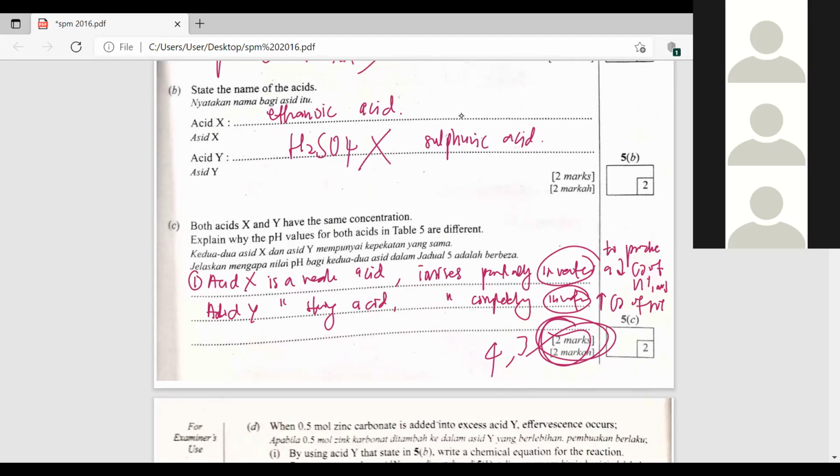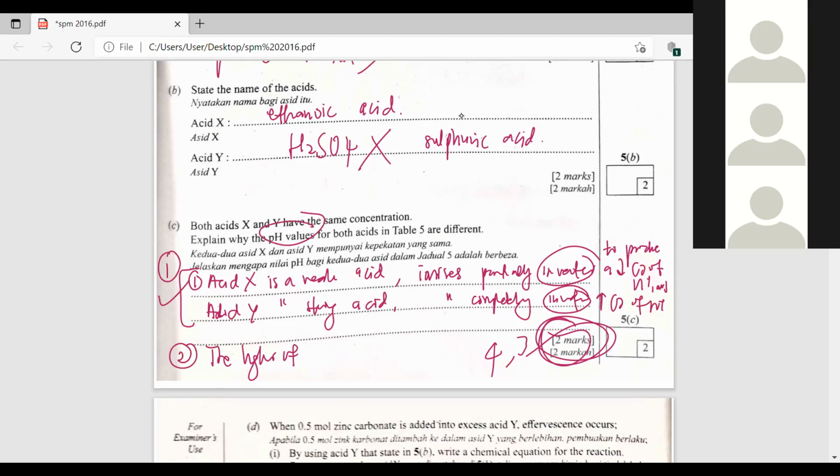If this comes out in essay, you would have already gotten 2 to 3 marks here. So teacher wants you to practice to answer complete answers. But this one alone, for this question, you only get 1 mark. Heman, your second mark was what you said just now. Heman, you want to continue? The concentration of hydrogen ions produced are different. Cannot. You must relate it to the pH. So is it the higher the concentration of hydrogen ions produced, the lower the pH value?